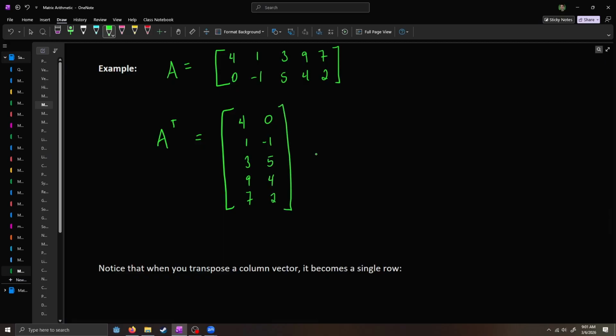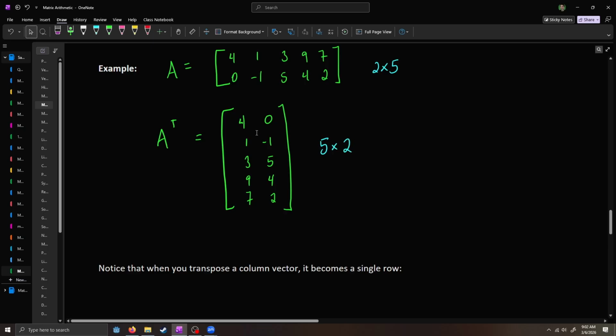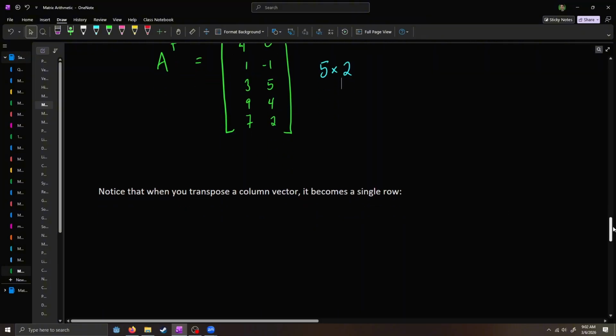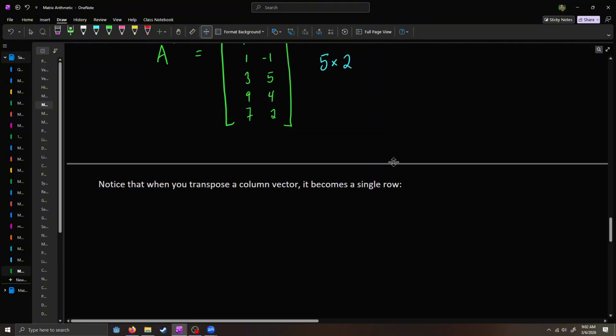So a matrix transpose just turns rows into columns and vice versa. So if you initially had a matrix like ours, which is 2 by 5, now our matrix is 5 by 2 after taking its transpose. We won't actually be using that for a little while, but just keep it in the back of your mind. It will come back up at like lesson 37 or 38 or something.